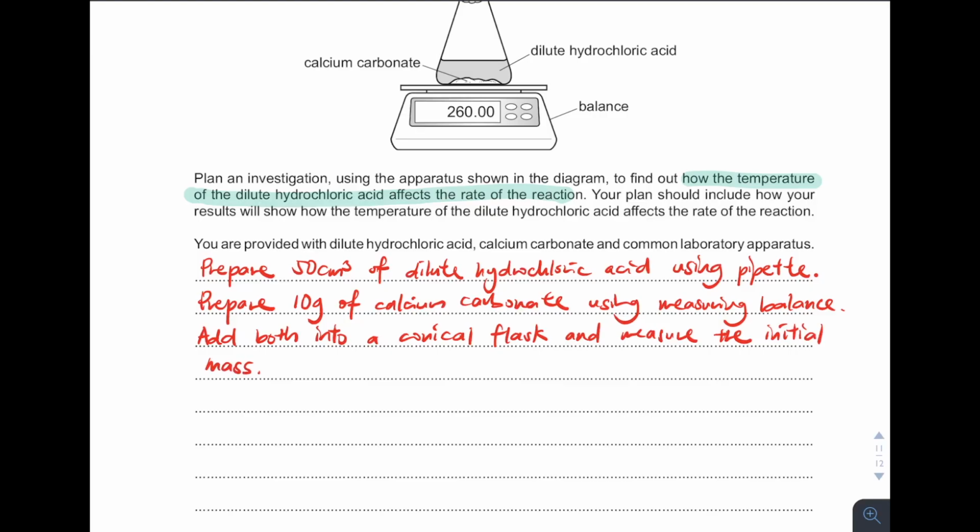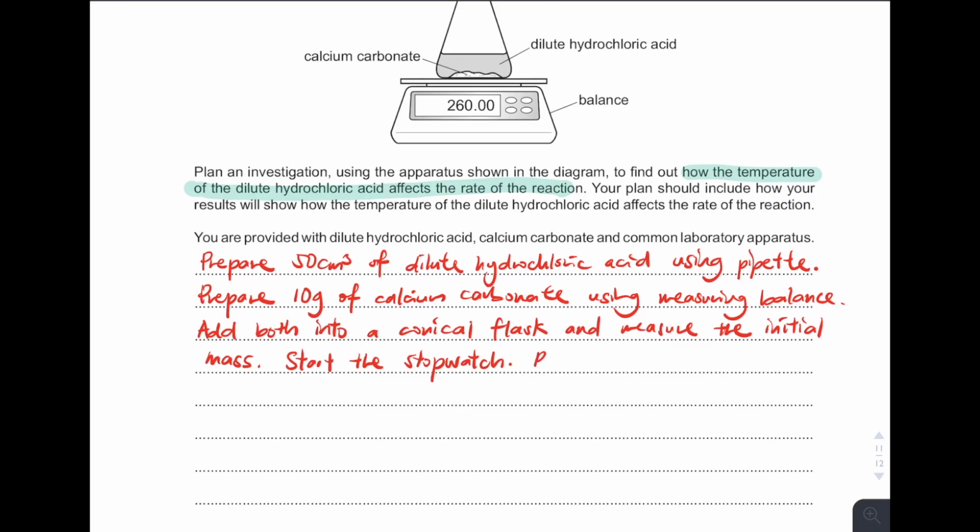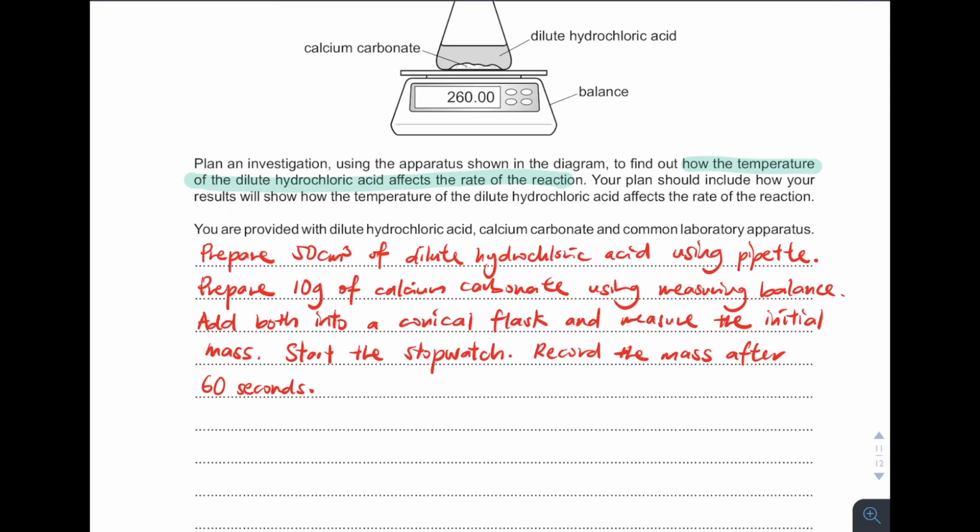So first you measure the initial mass and then start the stopwatch. Record the mass, for example after 60 seconds. Any reasonable time frame will do. So record the mass after 60 seconds, and then we have to calculate, isn't it?